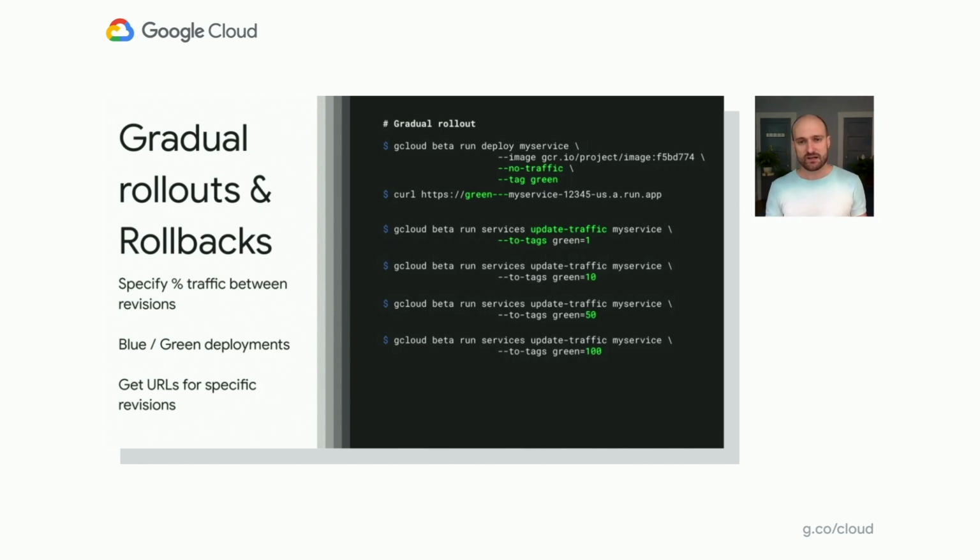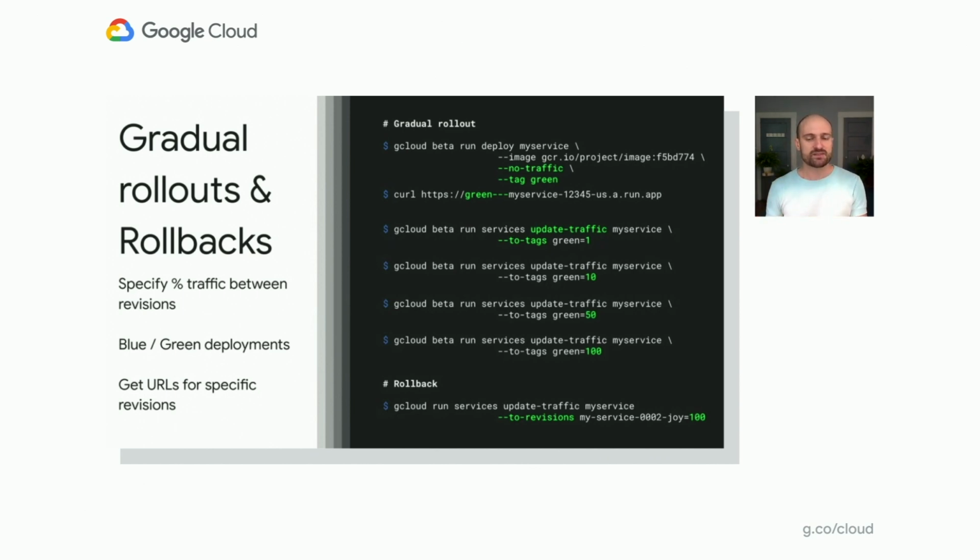Once I've done that, I'm good to go. This new revision is serving all of the incoming traffic, and I consider this the new current revision. If at any point in time during the rollout or at any point in time, I can roll back to a previous revision. To do so, it's one click in the user interface or one command with gcloud, which is an update.